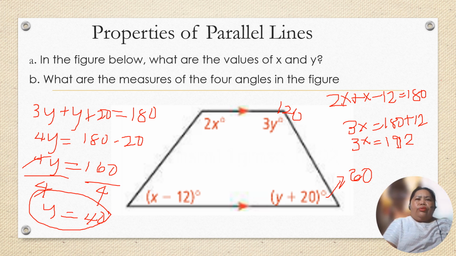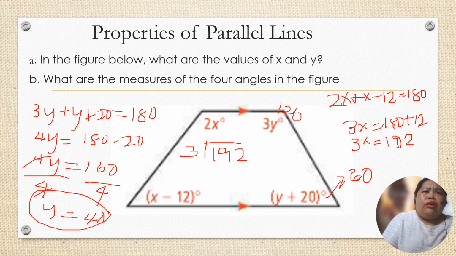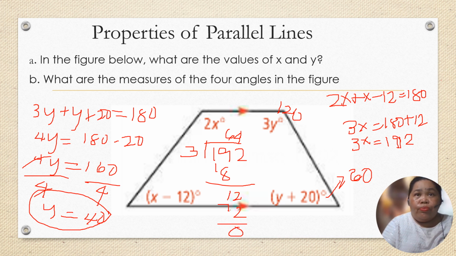So 192 divided by 3, we got 64. So x is 64. Then 2 times 64, am I correct? 64 plus 64 is 128.